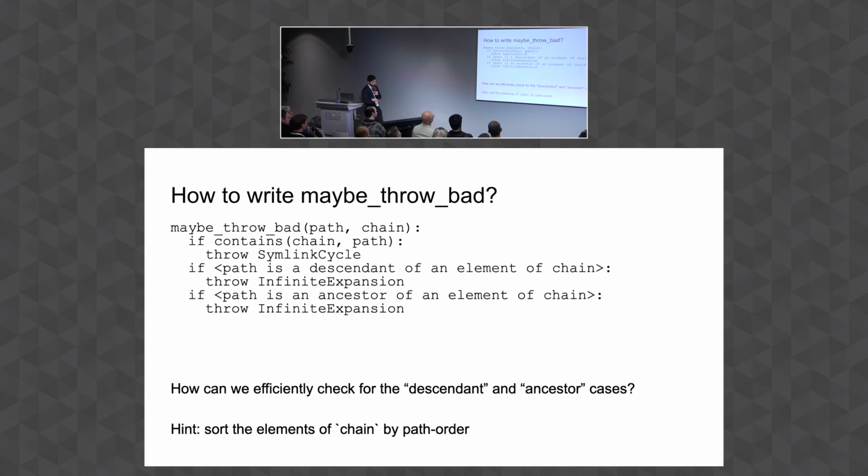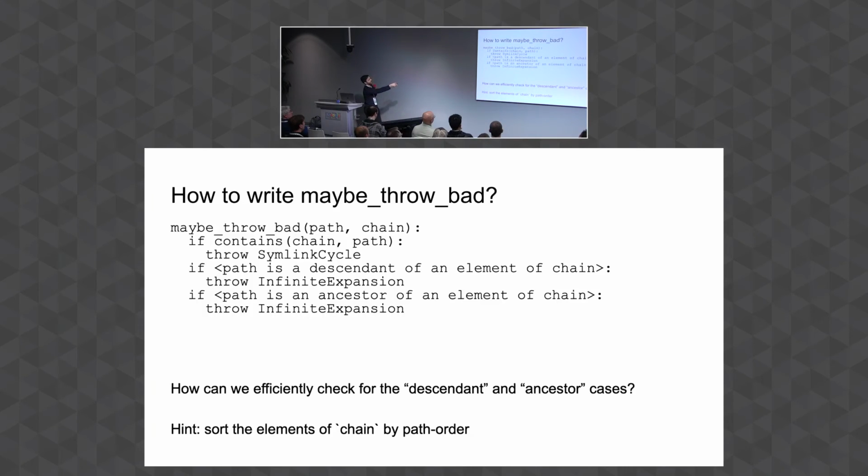If we are in the act of resolving a path and we already have some chain of paths we consider, we want to determine whether the path we're looking at right now is bad. By bad, I mean it's either a symlink cycle or it's one of those two expansion cases I discussed earlier. And this is the pseudocode for that.